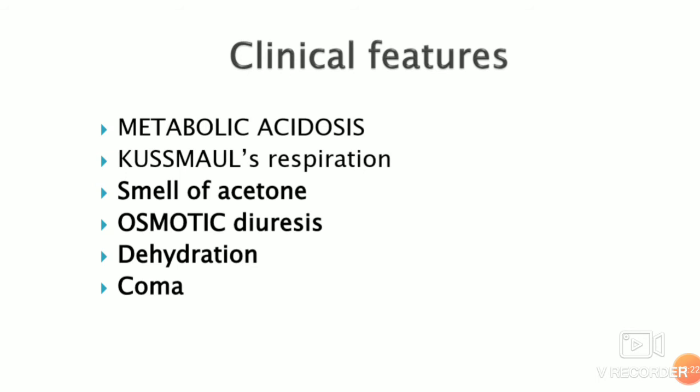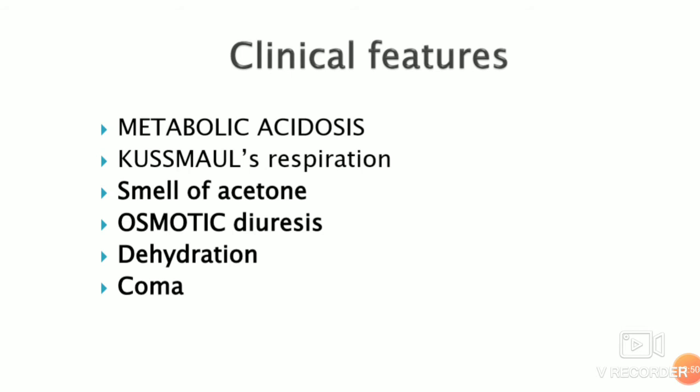Once carbohydrate stores are depleted and gluconeogenesis cannot occur anymore, ketogenesis is substantially increased and a large amount of ketone bodies are produced. Due to the acidic nature of beta hydroxybutyrate and acetoacetate, this causes an anion gap metabolic acidosis.